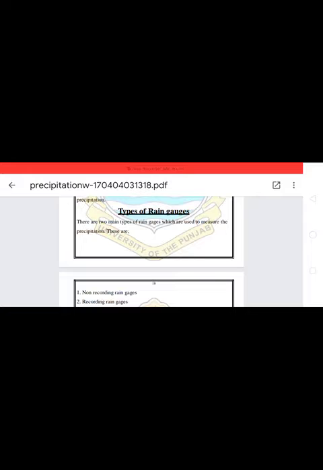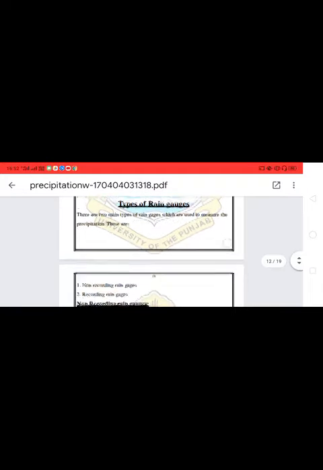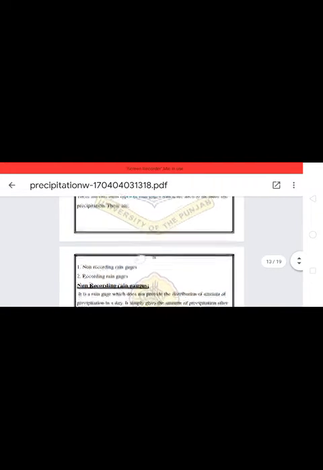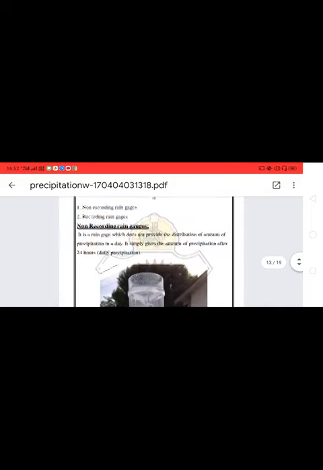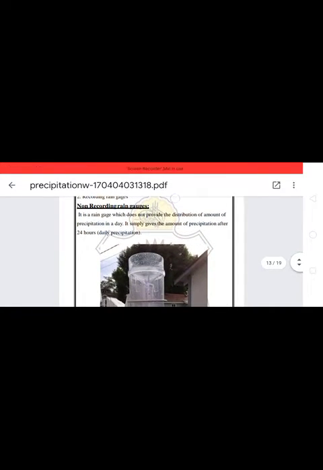There are two types of rain gauge only. One is non-recording rain gauges, the other is recording rain gauges. What is a non-recording rain gauge? Any rain gauge which only gives you the value of depth of rainfall, but not anything like intensity, velocity, time span, all these things are missing.